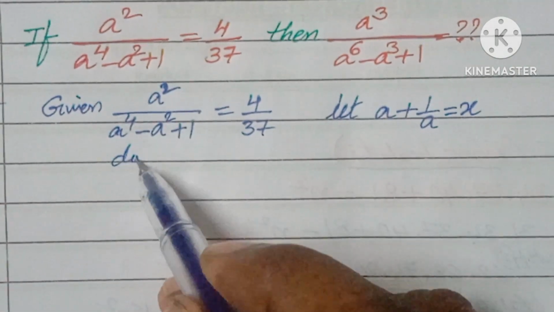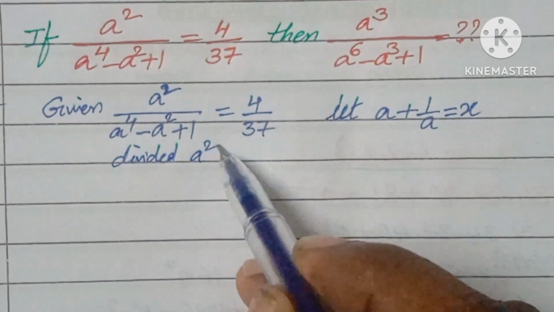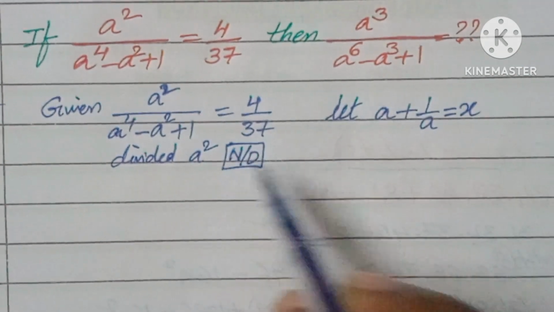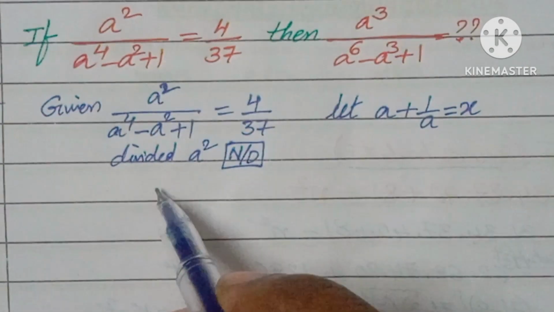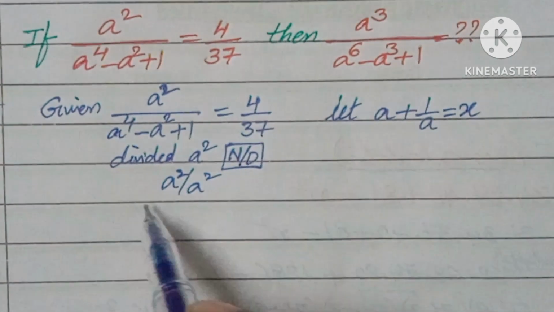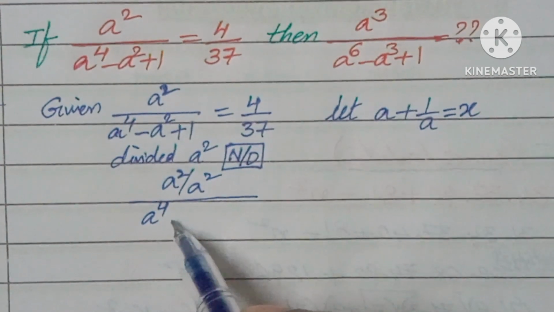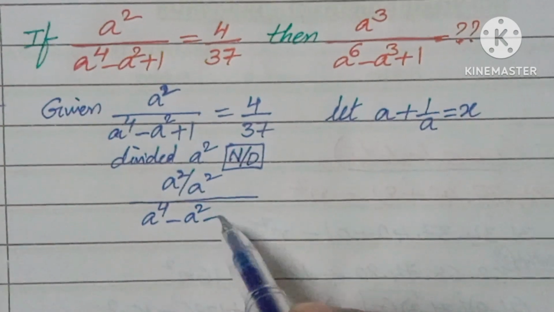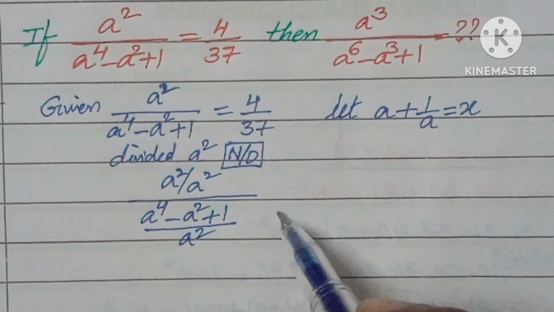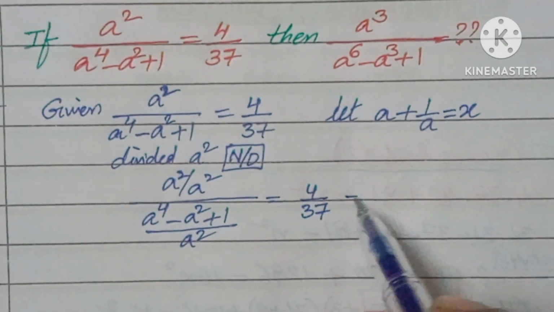Now here, divide numerator and denominator by a square. So here you'll get a square by a square over a power 4 minus a square plus 1 over a square is equal to 4 by 37.